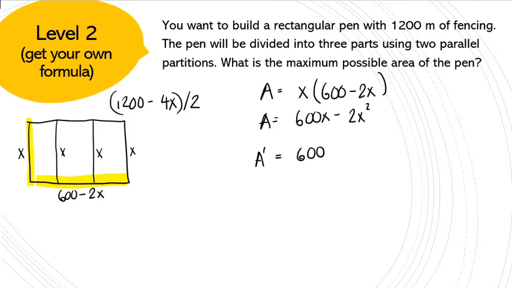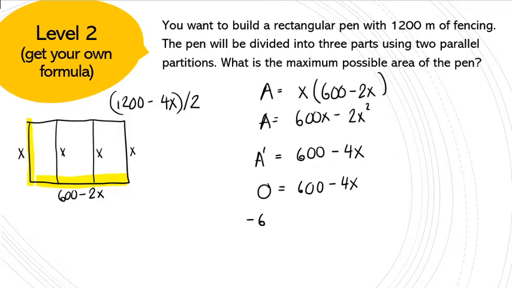600x turns into 600. Negative 2x squared turns into negative 4x. Okay, when the derivative is equal to 0, the slope of the graph is 0, that's when I have my maximums and minimums happening. So I need to solve this equation.